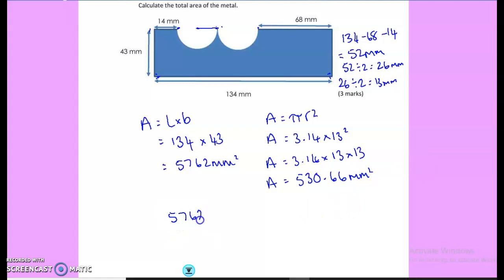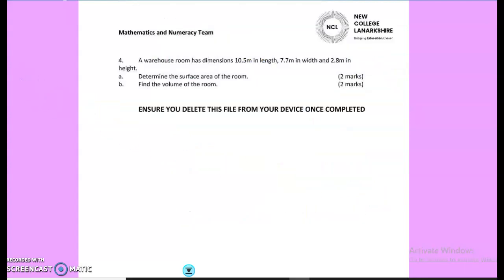So I need to take it away. 5,231.34 millimetres squared.